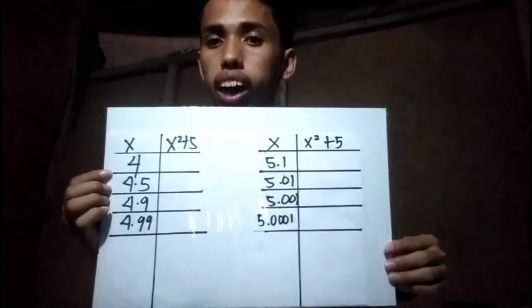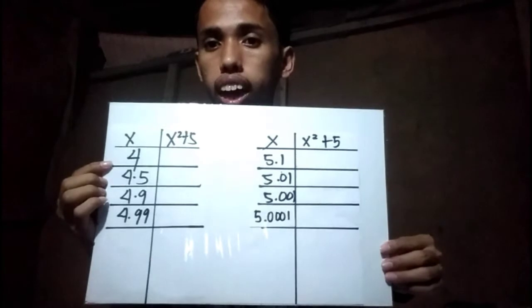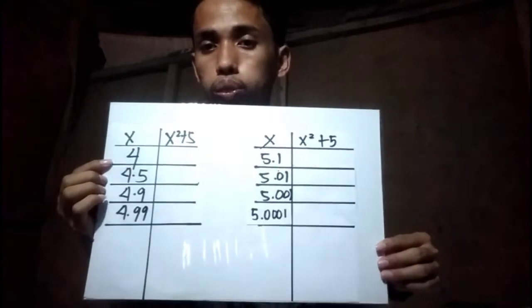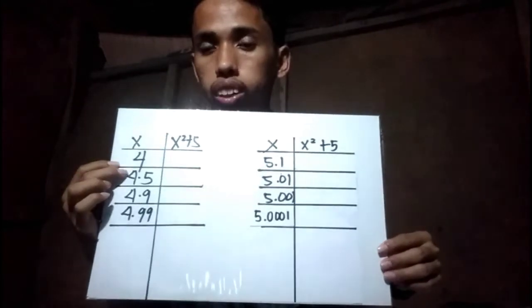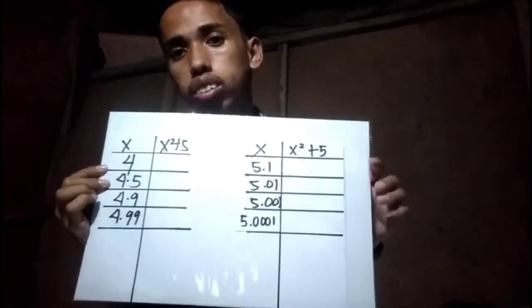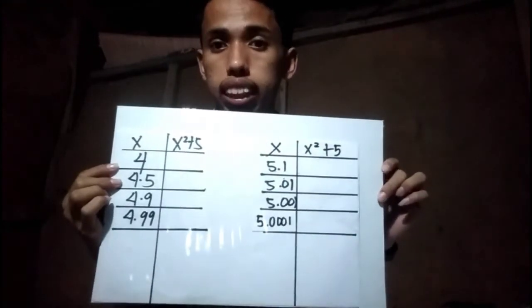I am encouraging you to please pause this video and try to find out what the values would be when these x values are applied in this equation, x squared plus 5. Okay, pause it now. Now let us find out whether you got the right answer, the same as mine. I'm going to show you now.